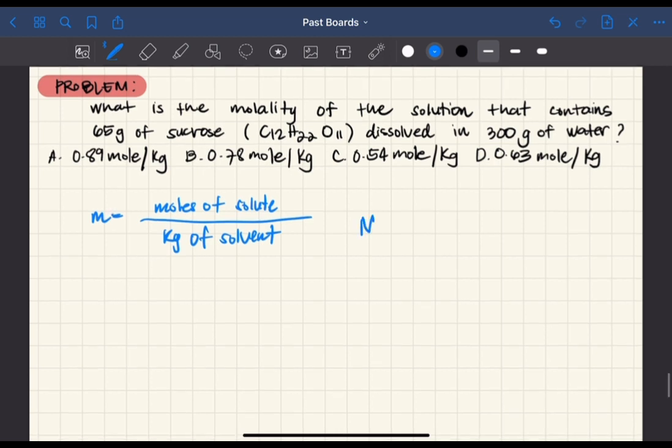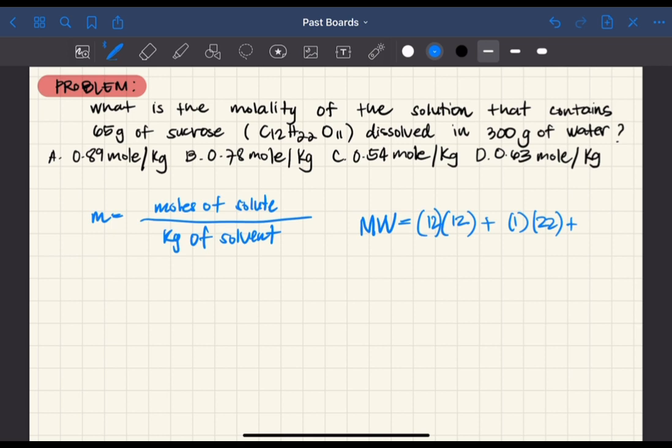So we need to calculate for the molecular weight of sucrose. So the molecular weight of sucrose is equal to the sum of the atomic weights of the elements involved. The atomic weight of carbon is 12. However, there are 12 carbon atoms, so times 12. The atomic weight of hydrogen is 1. However, there are 22 atoms of hydrogen, so times 22.